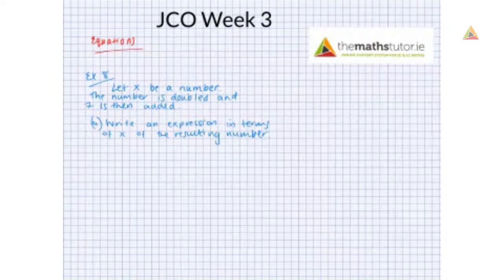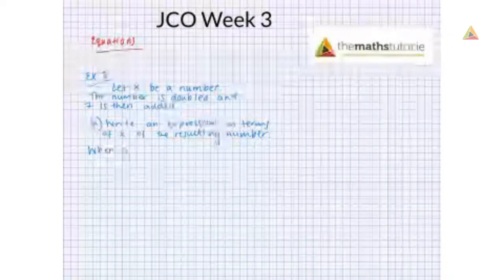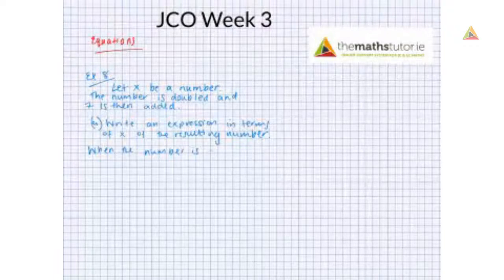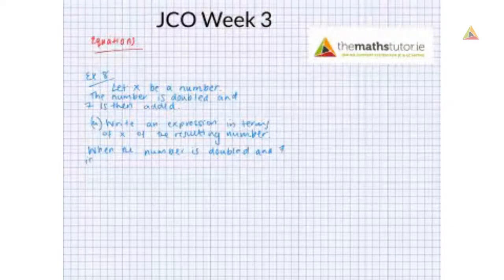Now the next part of that question, when the number is doubled and 7 is added, the result is 39. Sorry, 29 that should be.